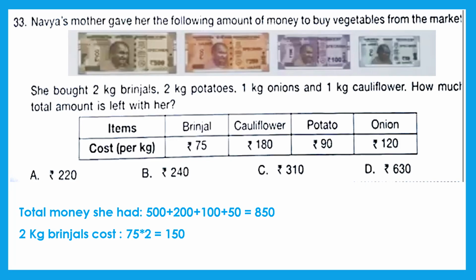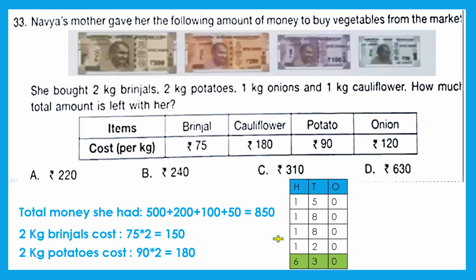2 kg potatoes. If 1 kg potato costs 90, so 2 kg potatoes will cost 90 into 2. That is 180 rupees. 1 kg onion, that is already directly written, that is rupees 120. And 1 kg cauliflower, that is rupees 180. Now how much total amount is left with her? It's a subtraction. So total amount of money she had was 850.